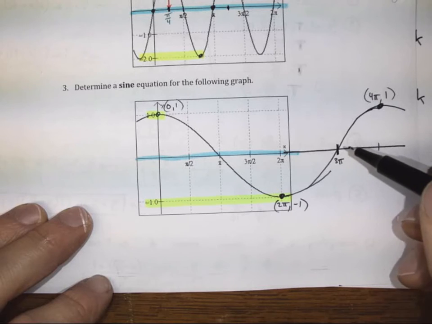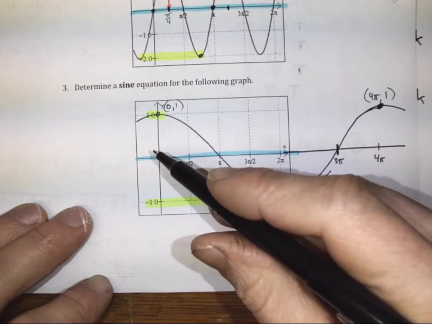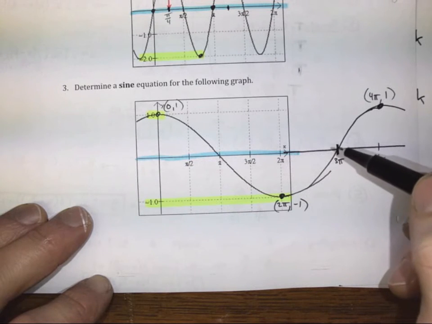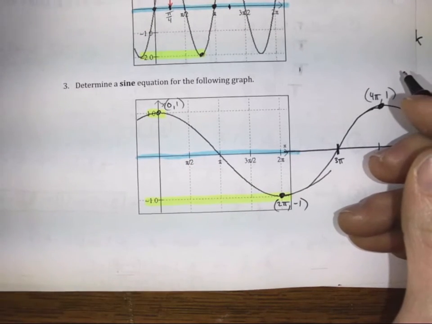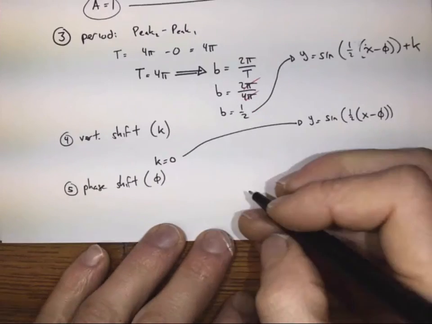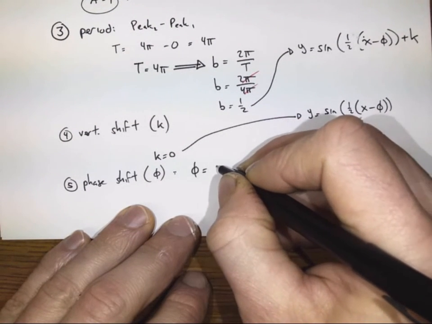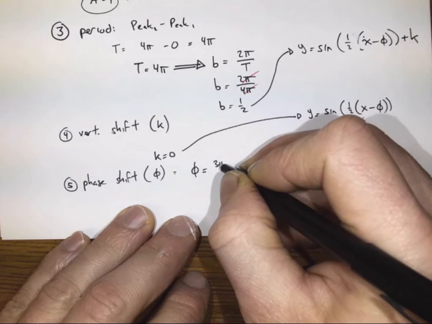So it looks like it's been shifted 3 pi units to the right. And so our phase shift is 3 pi.